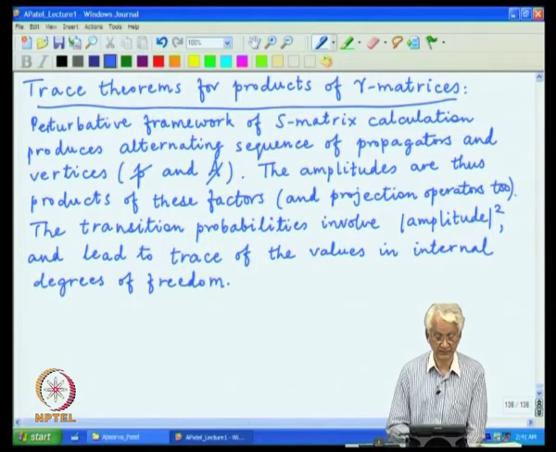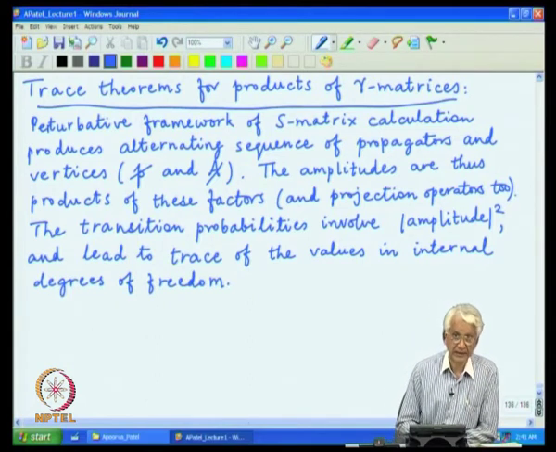traces of those products. Now, this can be done in a rather general way based on various identities satisfied by gamma matrices.